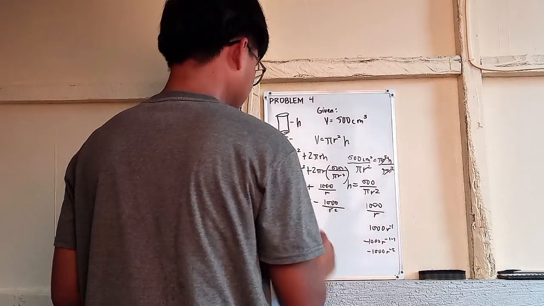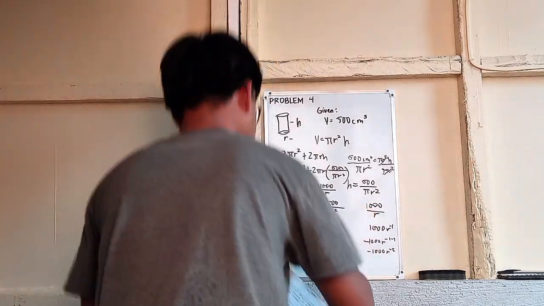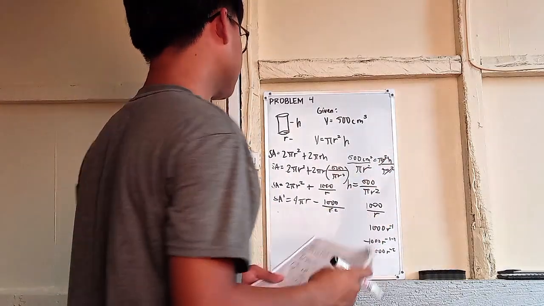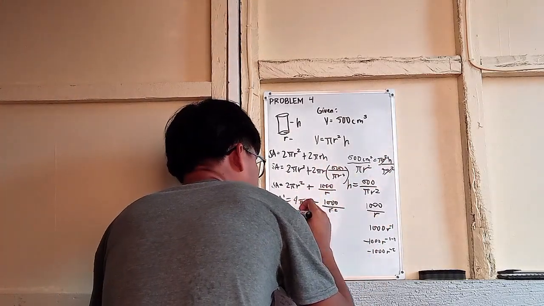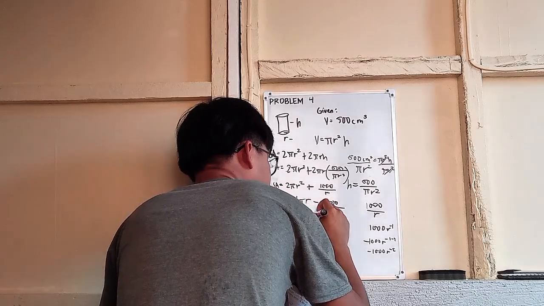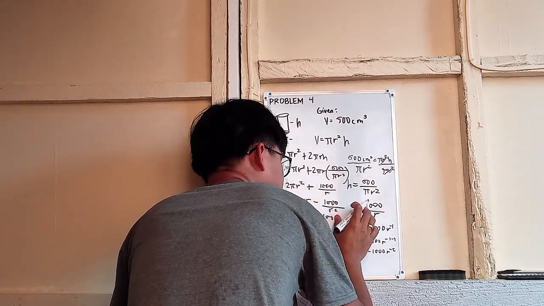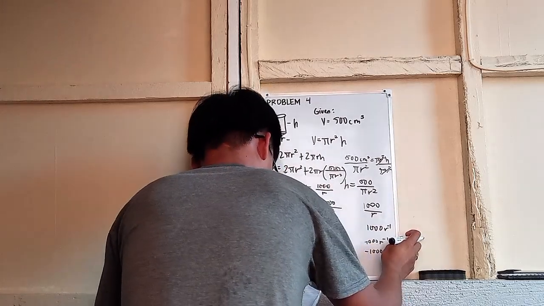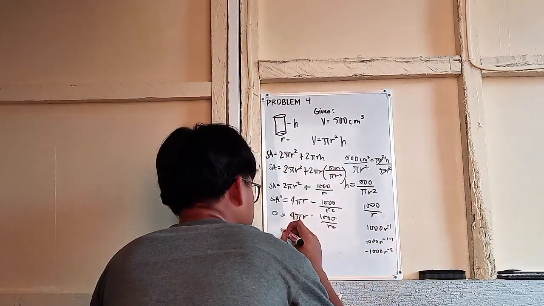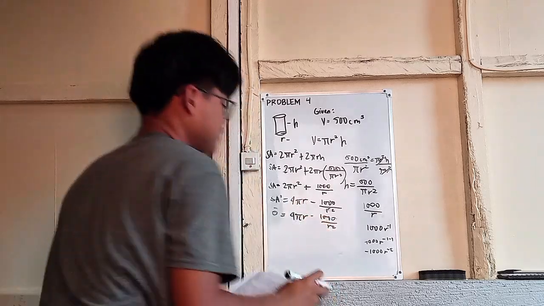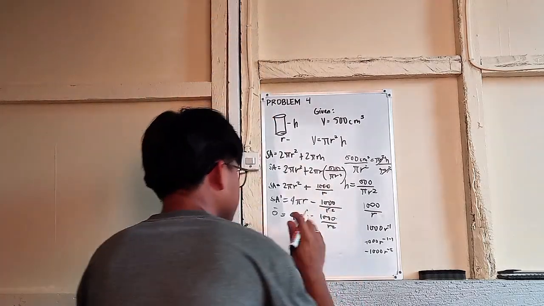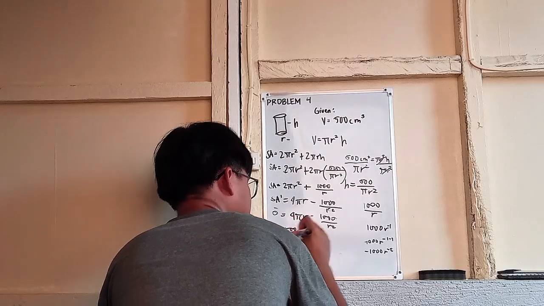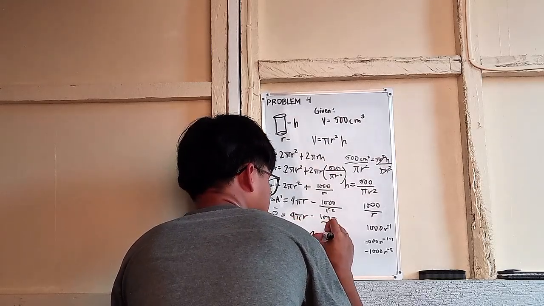So next, we will equate the derivative to 0. Then transpose the 1000 over r squared, so 4 pi r is equal to 1000 over r squared.